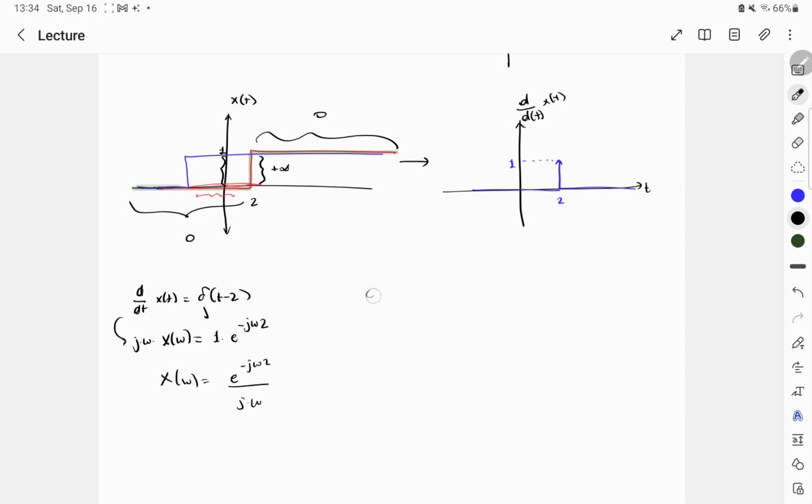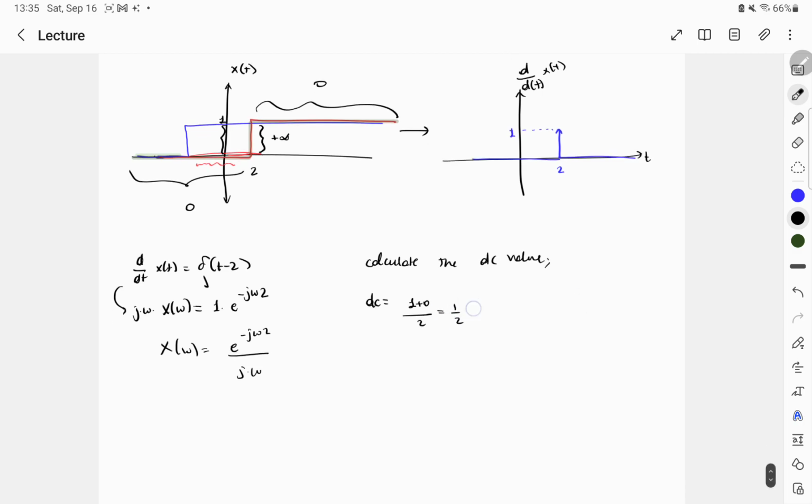We are just going to calculate the DC value. The DC value is just the average of the graph. We take 1 plus 0 over 2, which gives us 1 over 2. And let's take the Fourier transform of this. We remember how to find it. We just take the value itself, multiply it by 2 pi, and then multiply it with delta(omega).